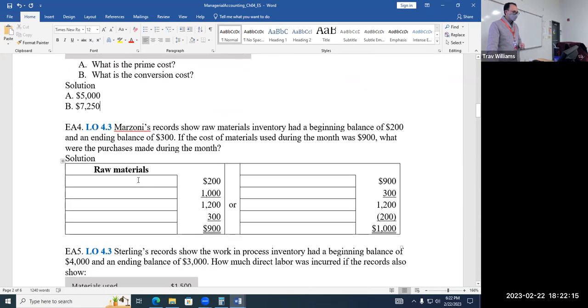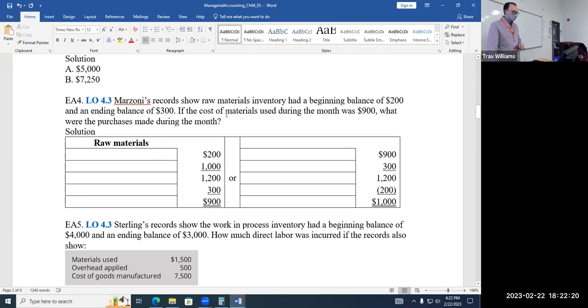Okay, so here we're going to see two versions of a formula. Here we've got a company with raw materials inventory that has a beginning balance of $200. So we know that this $200 is the beginning balance, and we can see $200 over here, so I'm going to put it on the right side as well. The company has an ending raw materials inventory balance of $300, so I'm going to put that on both sides where it says 300.